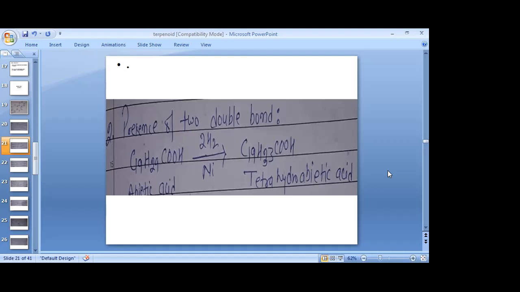It is confirmed by this hydrogenation reaction in presence of nickel, because C19H29COOH, when reacting with two molecules of H2, converts into C19H33COOH. It means 4 hydrogens add. Why 4 hydrogens add? Because of two double bonds, and the final compound is tetrahydroabietic acid. The presence of two double bonds is confirmed by this reaction.